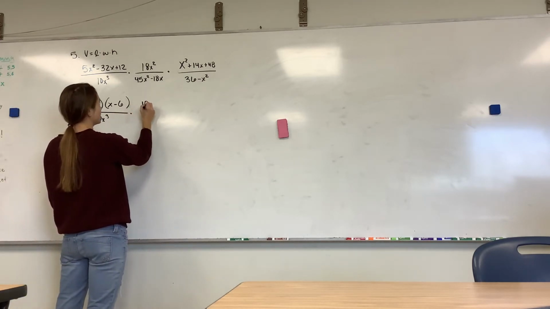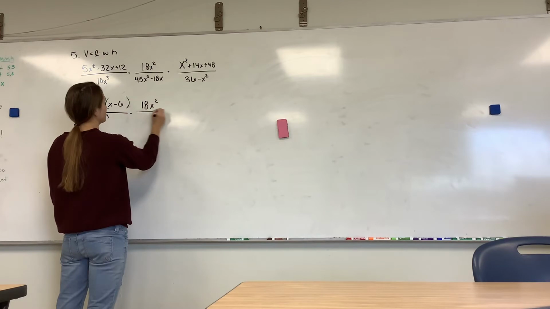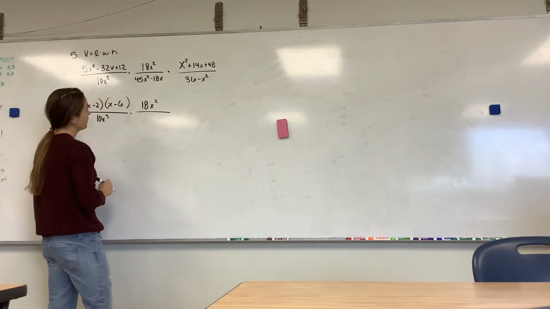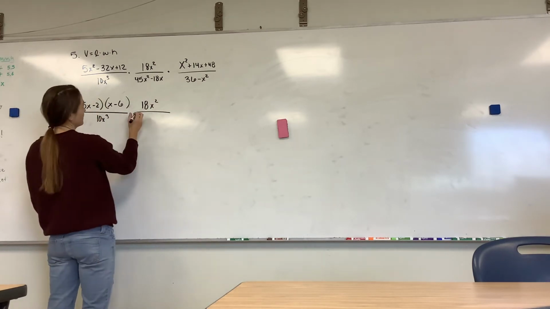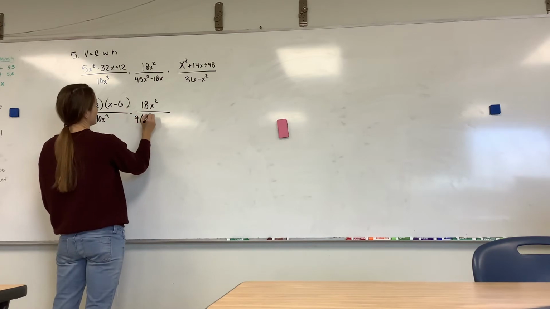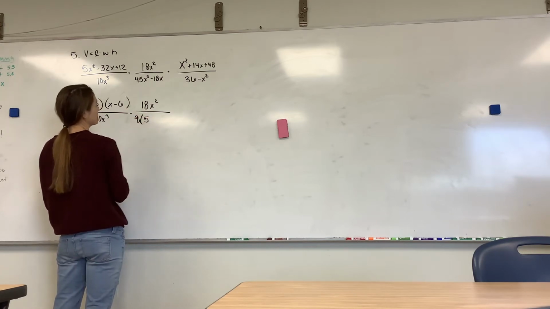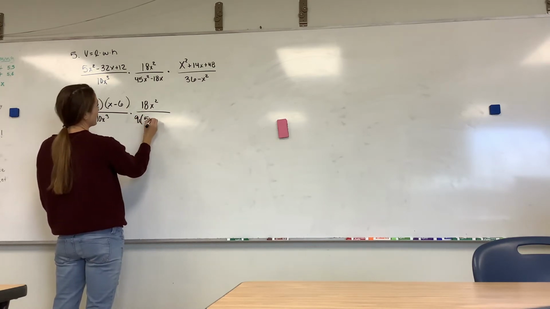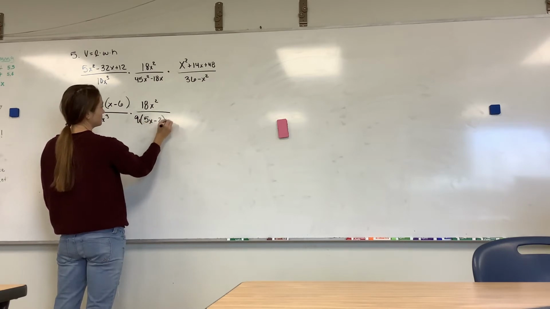Okay, we have 18x squared over, let's pull out a 9, and we're left with a 9x. We're left with a 5x minus 2.